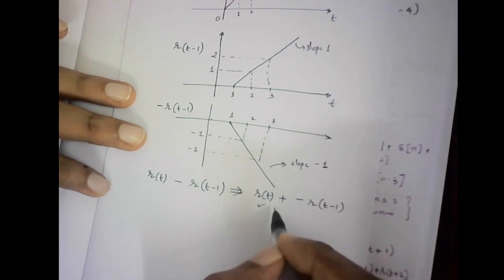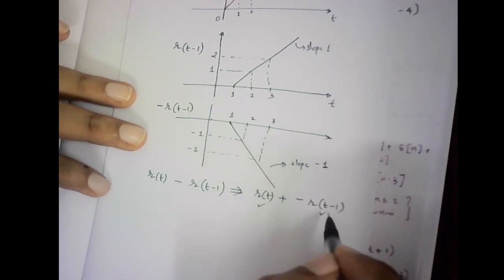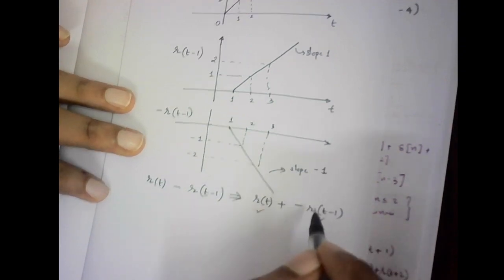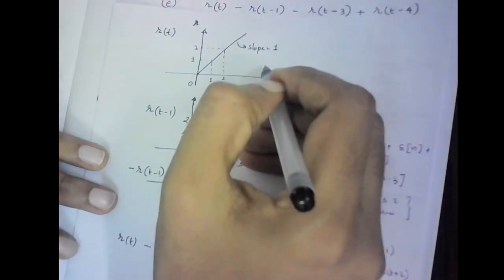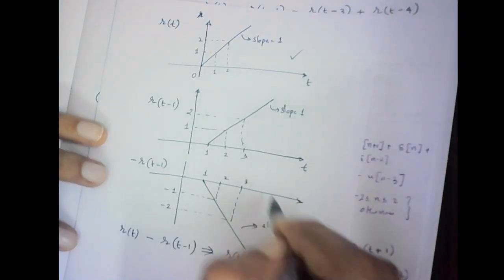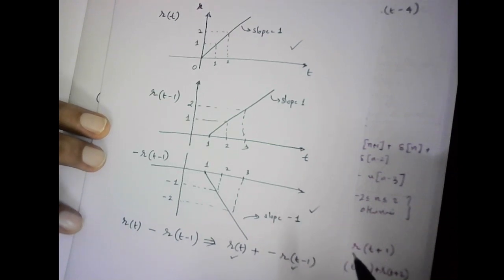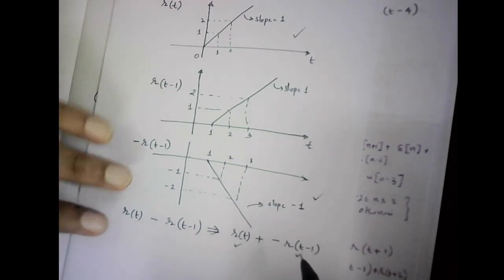So I have r of t, I have minus r of t minus 1. What you need to do is you just need to add these two signals. So the first one is r of t, and this is minus r of t minus 1. So if you add these two, what will be the result?